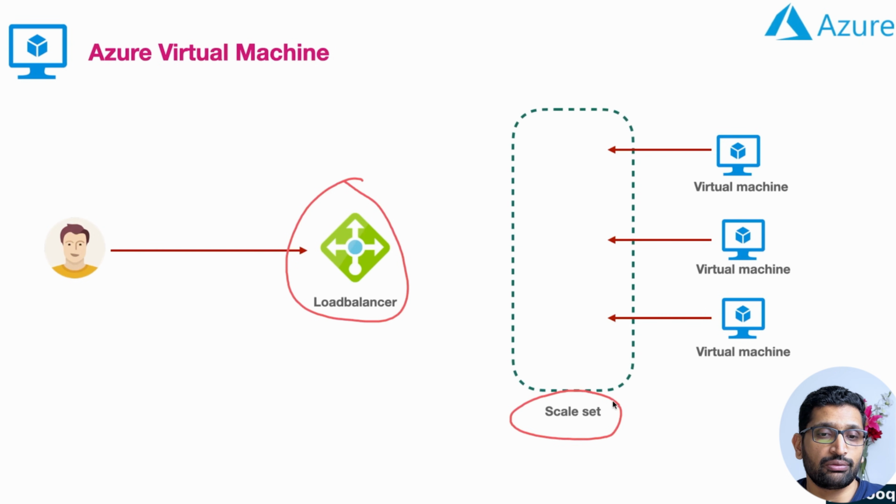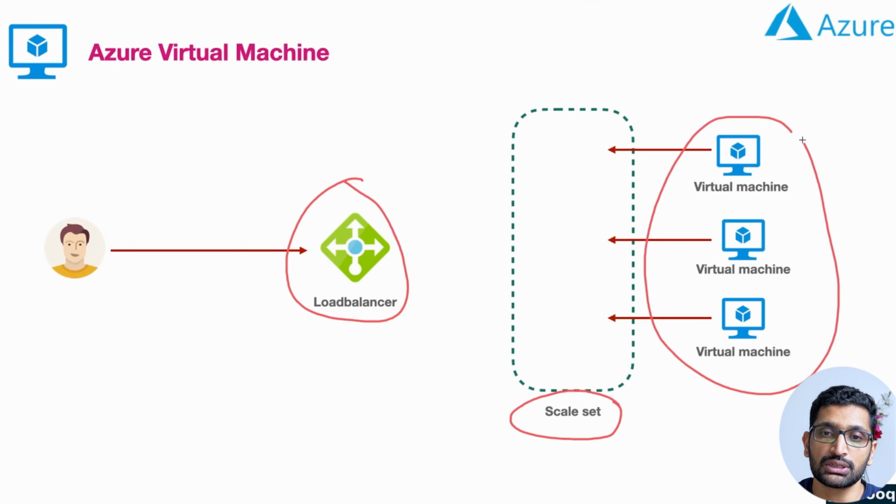So here we are going to define that, hey, I will create a scale set, and in that scale set, I will be creating 3 virtual machines on a need basis. So that number, I can pick and put inside my scale set, and that scale set will provision the 3 virtual machines.